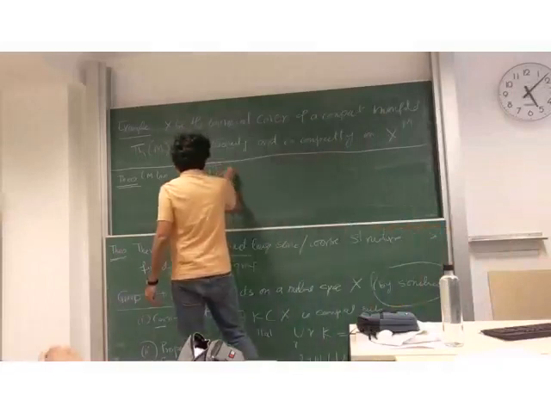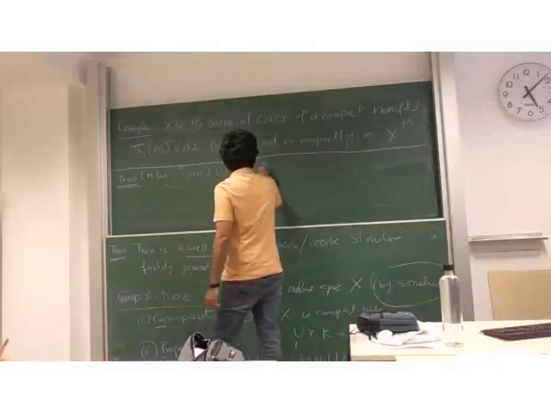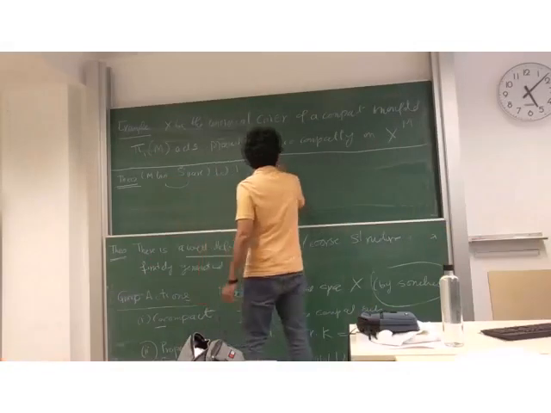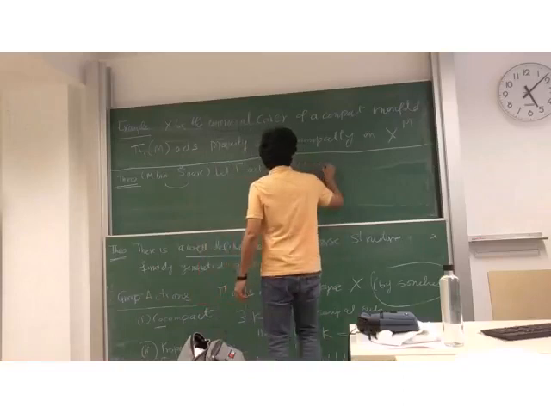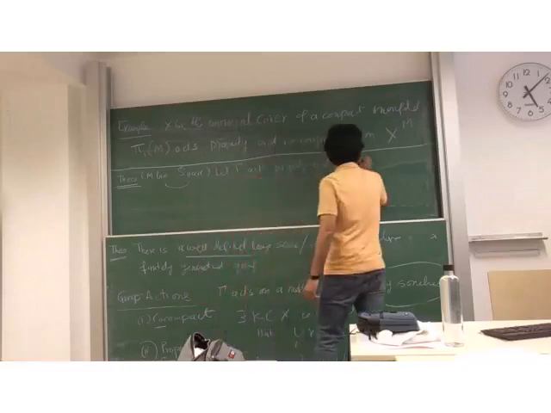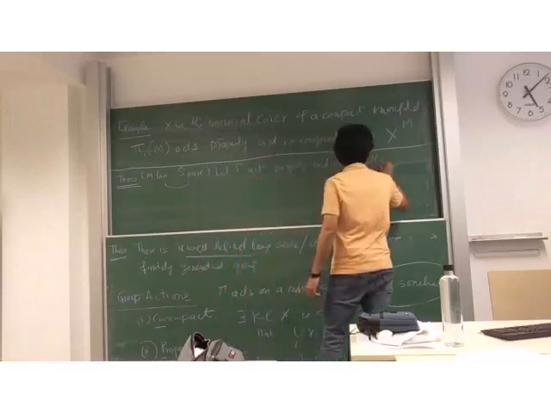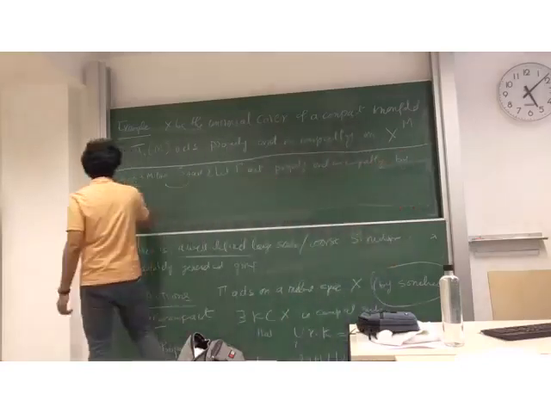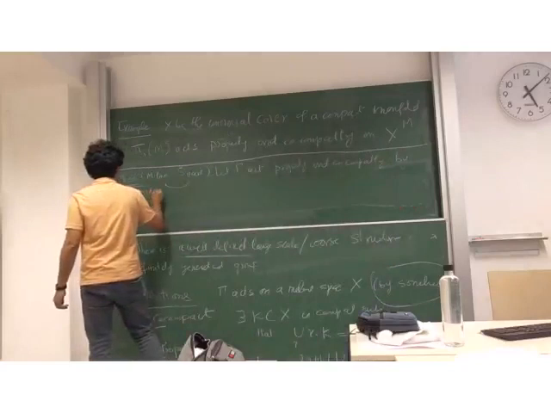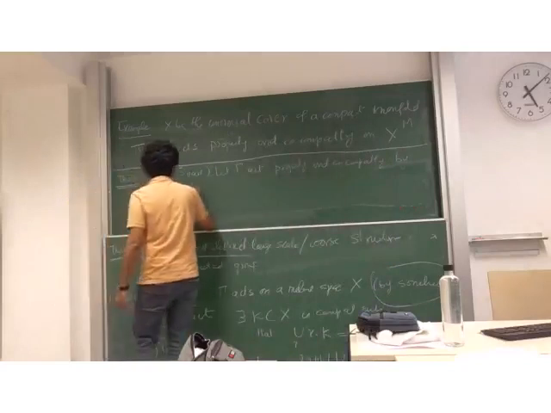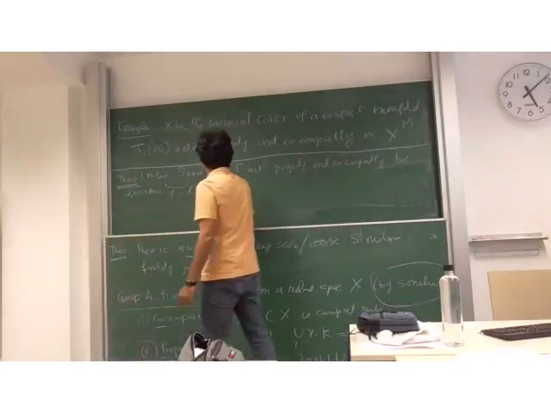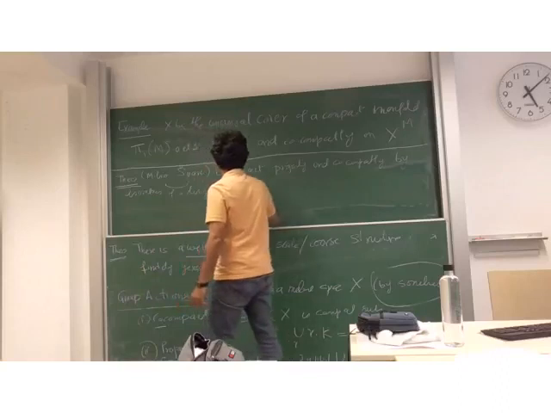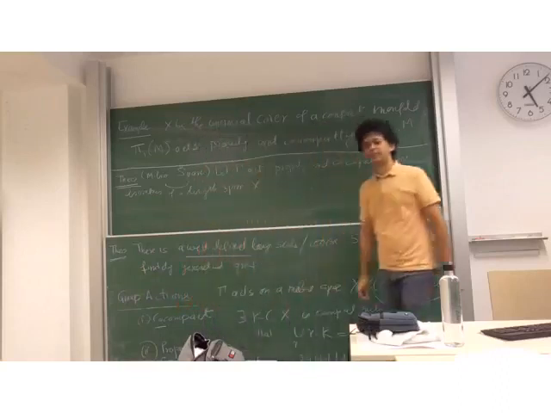Let gamma act properly and co-compactly by isometries of a length space X. So this is our assumption.